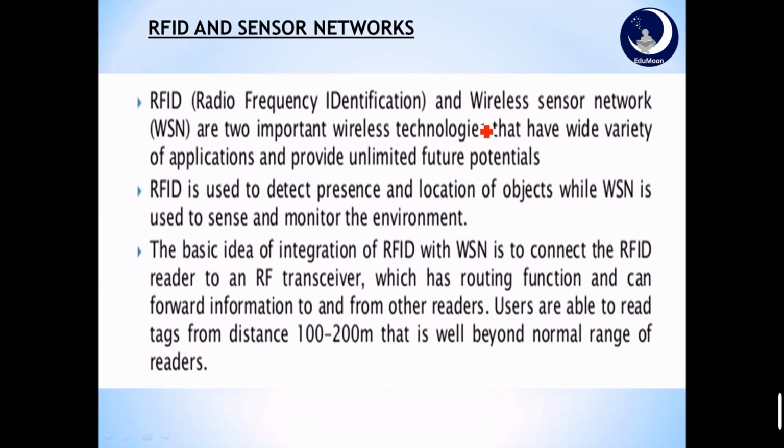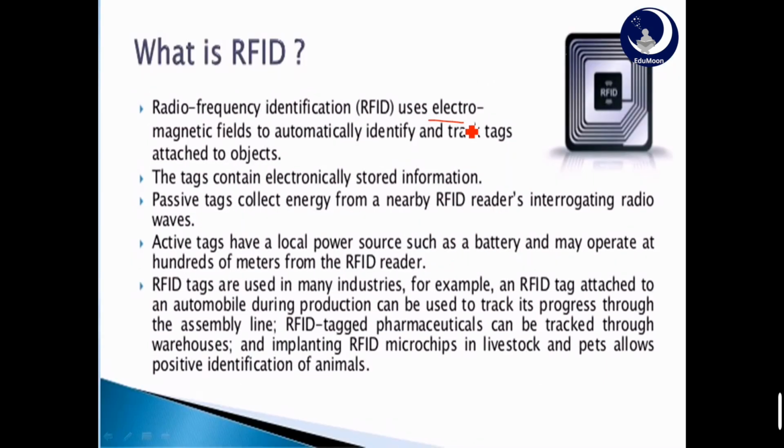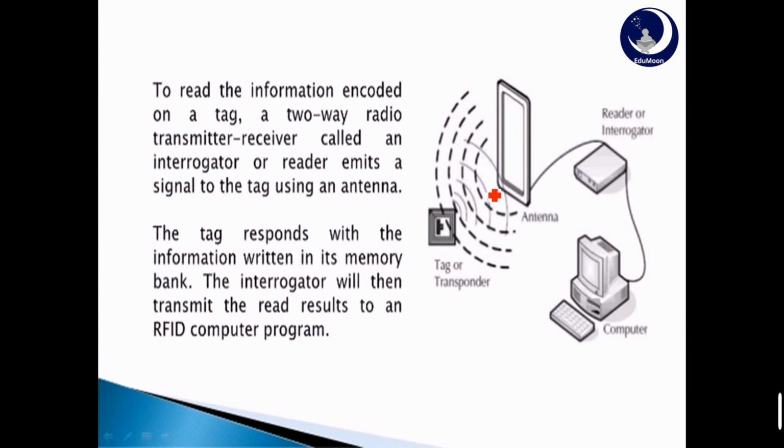It uses electromagnetic fields which automatically identify and track tags that are attached to objects. These tags contain electronically stored information, and these tags are embedded with a receiver and a transmitter, and they are made up of 2 parts: tag or a label.